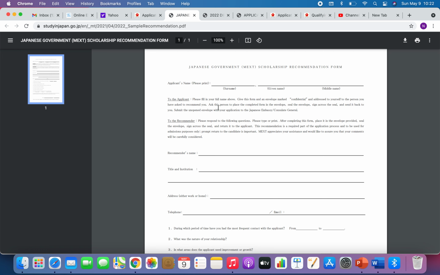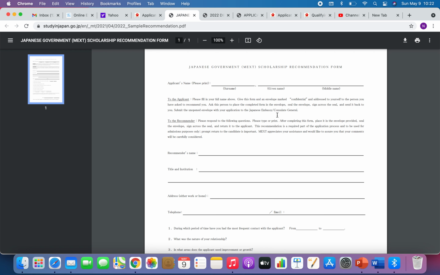Okay, ask this person to place the completed form in the envelope, seal the envelope, sign across the envelope, and send it back to you. Submit the unopened envelope with your application to the Japanese embassy or consulate general. So what this means is that you shouldn't see what this person has written about you.